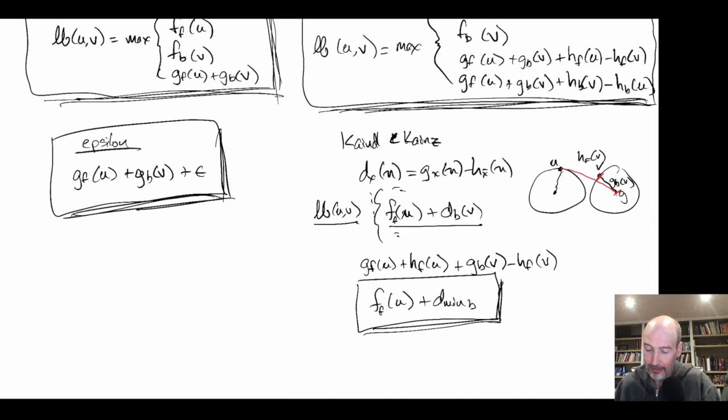And so they said, well, we're going to take our f cost and add the minimum to it. This is an estimate, for any pair of states, of just getting this calculation right here. We can take our f cost and add the minimum error for any state in the backwards direction, and you can do the same thing with f backwards of v plus d min in the forward direction.